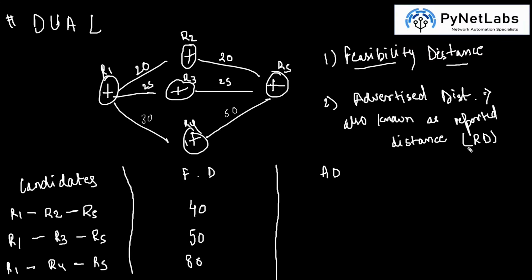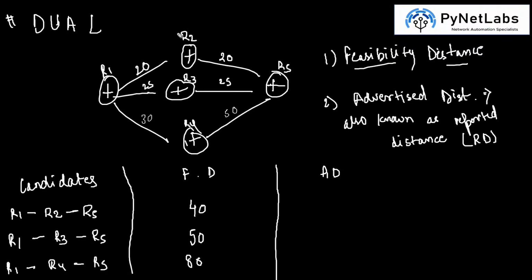Now, if we talk about advertised distance, or the other name for it, reported distance, this is the total cost from the next hop to the destination. So if we look at route number 1 and talk about AD, the value should be the total cost from the next hop.